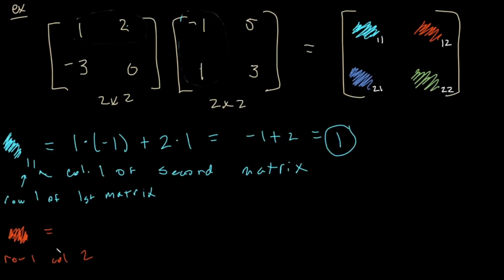So I need to use row 1 and column 2. So here's my row 1. And here's my column 2. Also, notice, if you were to overlay these, row 1 and column 2, that's where this guy is. See how they have the top right element in common?